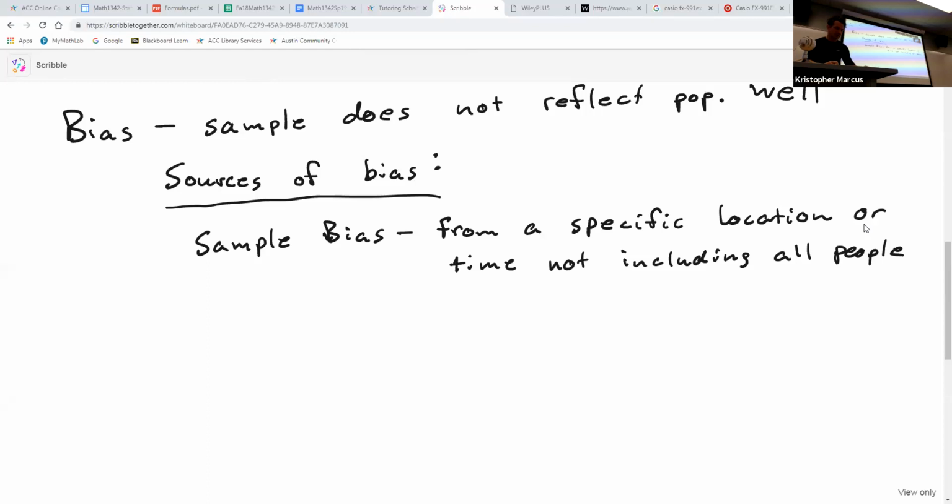And that's what generated the bias. Other ones that come up here in our sources of bias: voluntary response.